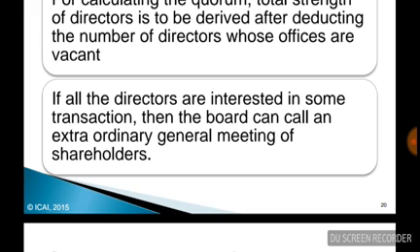Coming to the quorum, the important point in the quorum is, the Act says 1/3 of the directors or 2, whichever is higher. But if you have amended the articles that we want a larger quorum, not 1/3 of the directors but you have written 2/3 of the directors, then the articles prevail over the Act.